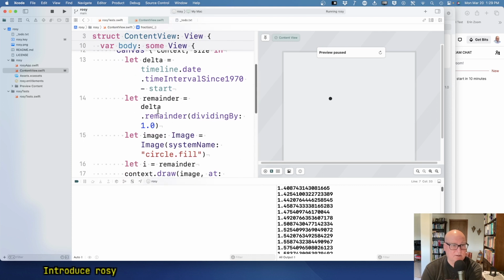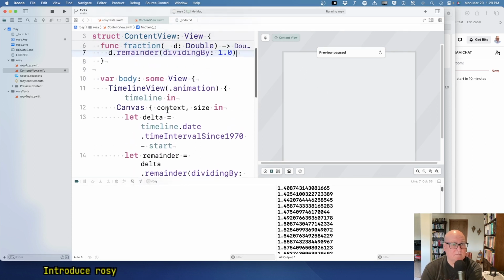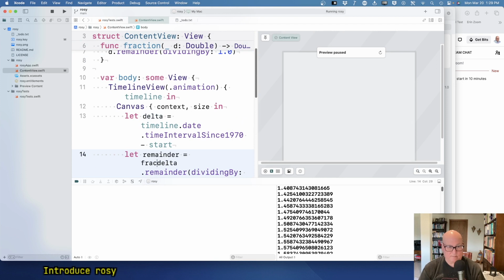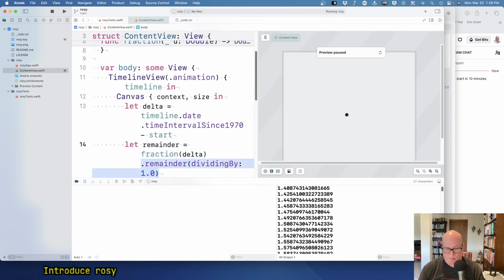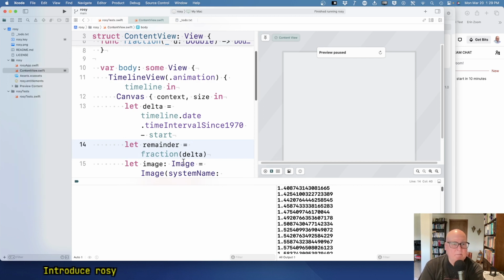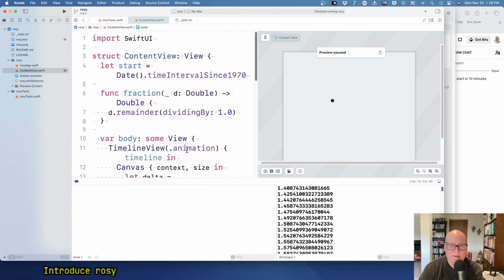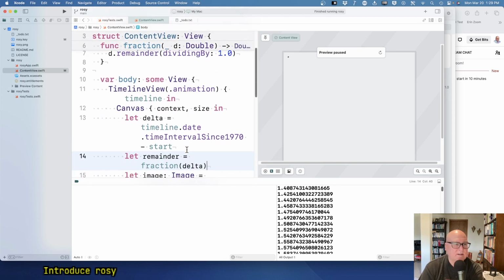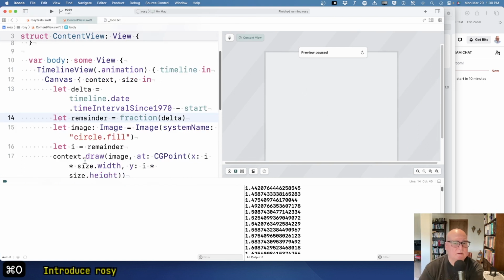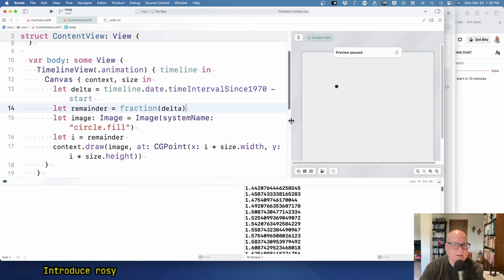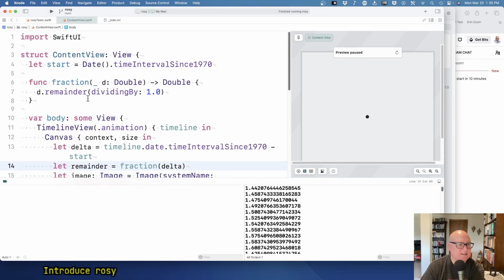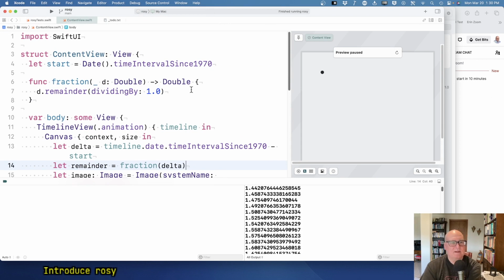All right, let's use the function fraction of delta. So I'm getting it in place before I fix it. Okay, we'll stop the run. Get this out of the way. Alrighty. That animation is really distracting to me. Okay, so fraction. What are we doing?